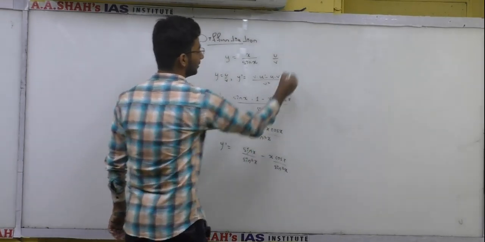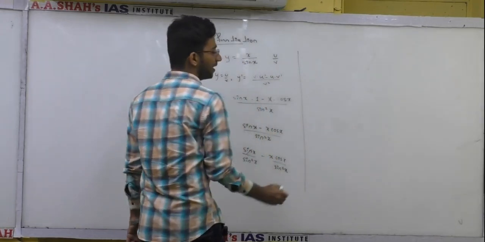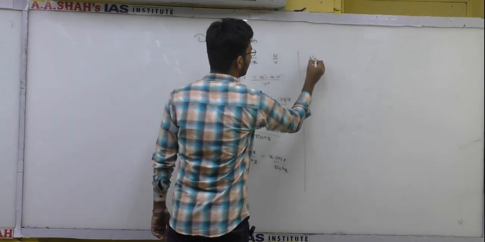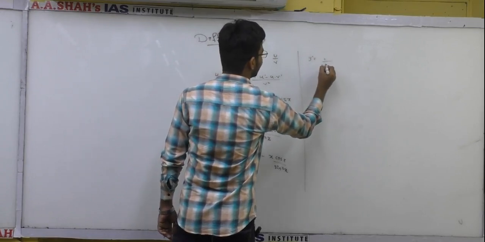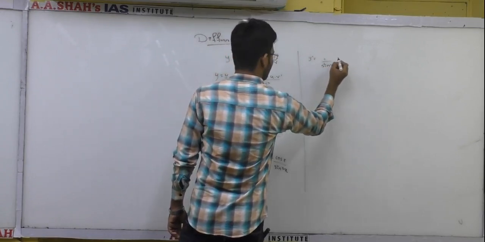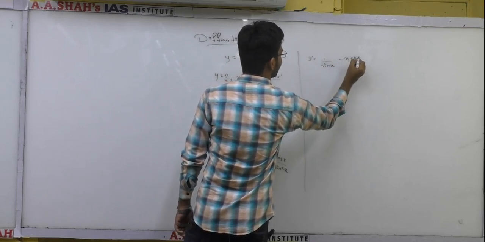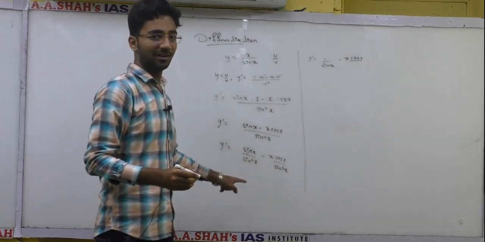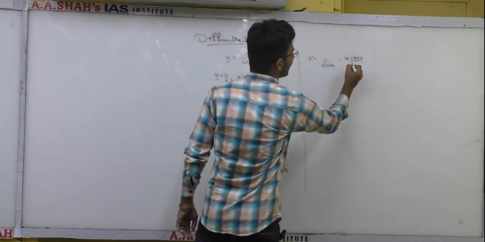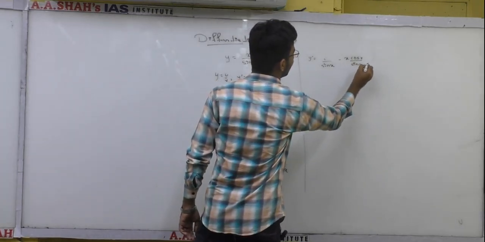So what I will get is y dash equal to 1 upon sin x, minus x cos x upon. Now here I have sin square x, I am just separating it as sin x into sin x.